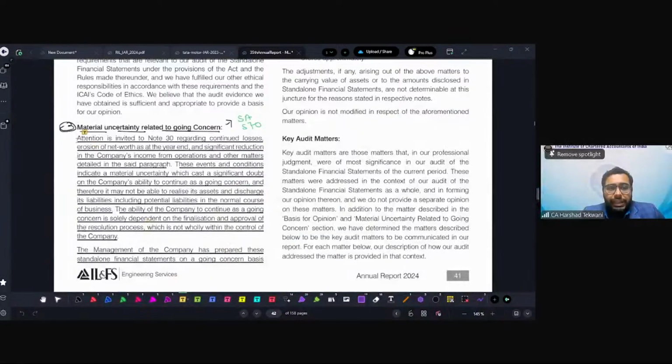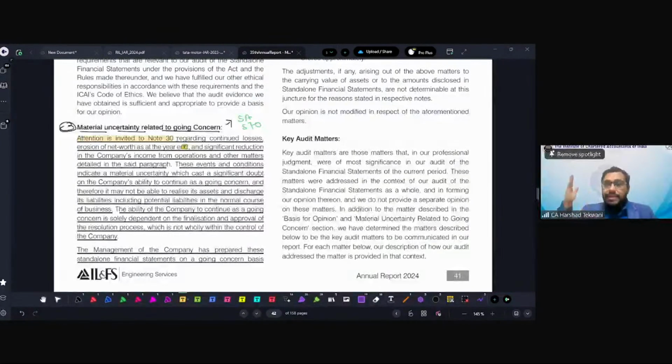If you see, attention is invited on this particular note, which means management has already disclosed some information which, in my professional judgment, is correct. The disclosures are as per the applicable financial reporting framework.